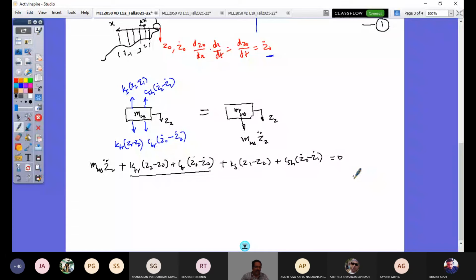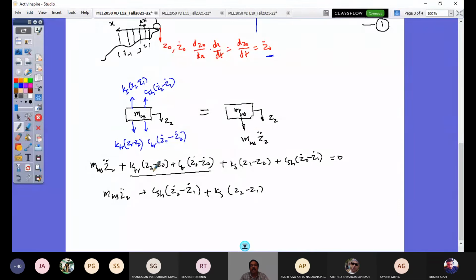If I rewrite this equation once again, I would have my MUS Z2 double dot plus CSH, say I take suspension on this side, CSH into Z2 dot minus Z1 dot, and plus KS into Z2 minus Z1. In this also, see, the product of KTR into Z naught and KTR into Z naught dot is what comes from the road.